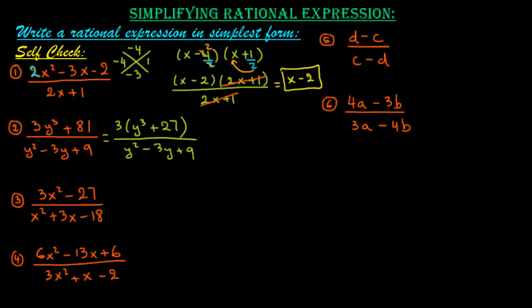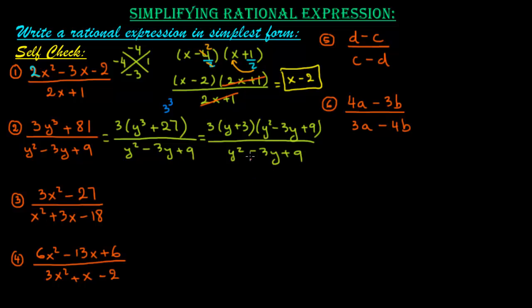Now keep going, look at the top, the numerator, you will see that 27 is 3 to the third power. Y to the third plus 3 to the third, that is the sum of cubes. So we factor this one by the formula. You will have 3 times y plus 3 times y squared minus 3y plus 9 over the bottom part, which is y squared minus 3y plus 9.